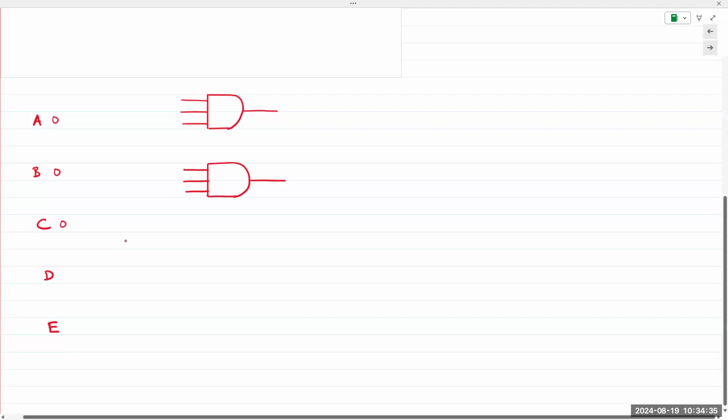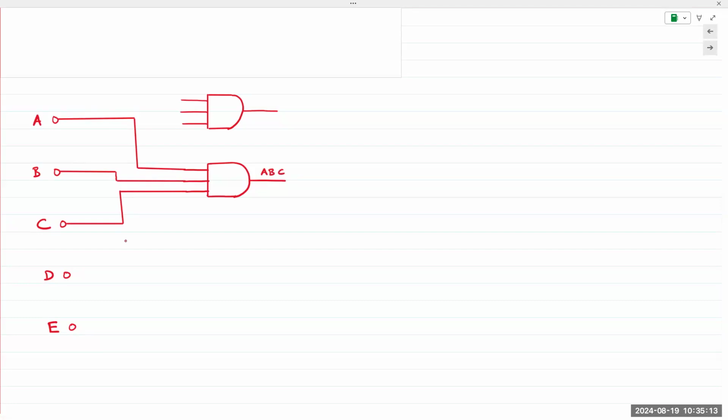A, B, C, D, E. That's A. B. And that's C. So the output of the second gate is A and B and C. Simple enough, right?